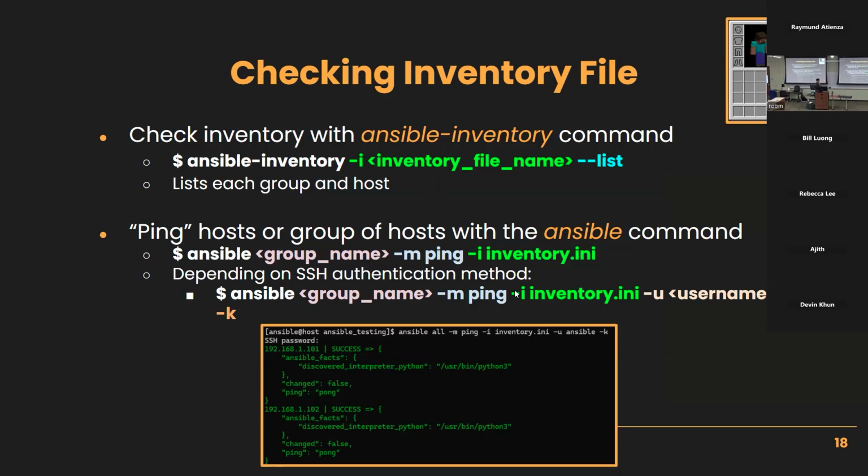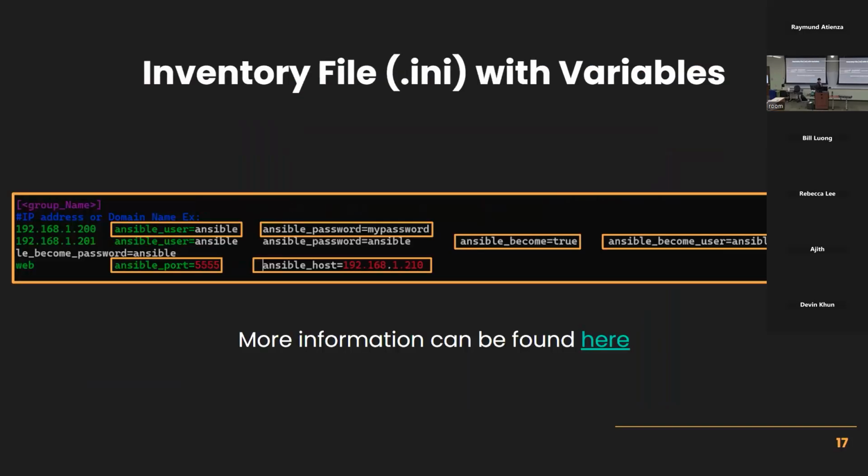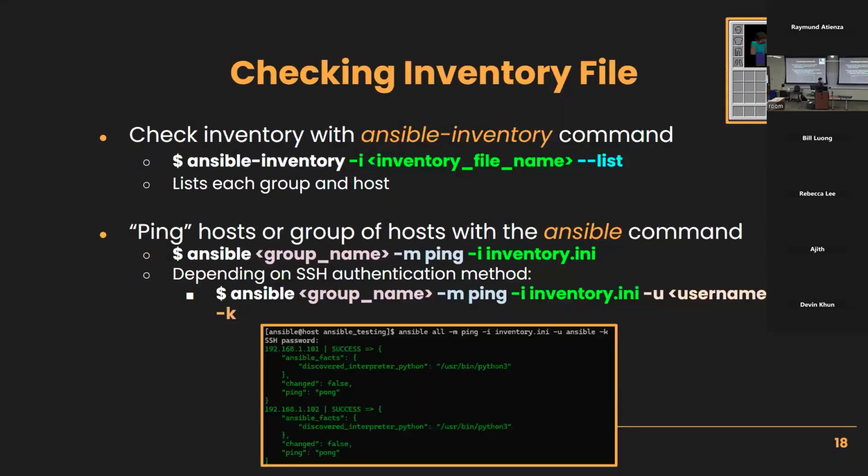Then the -i lists the inventory file that you want to specify. The -m is your module, which specifies which command or tool you want to use. I'll mention more about modules later.